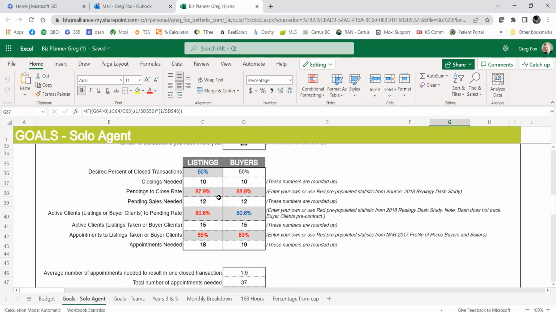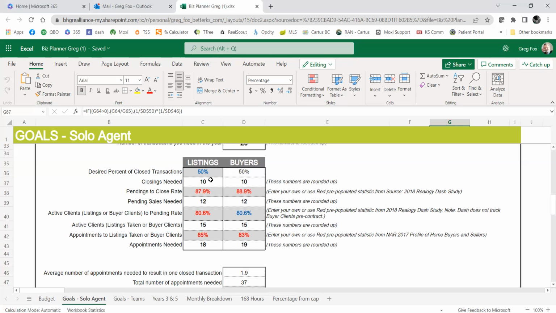If you want to get 12 to pending, you've got to have 15 active listing clients. If you need 15 active listing clients and you get 85%, again the national statistic, of your listings going to active, then you need 18 appointments to get 10 closings. Does all that sort of flow?